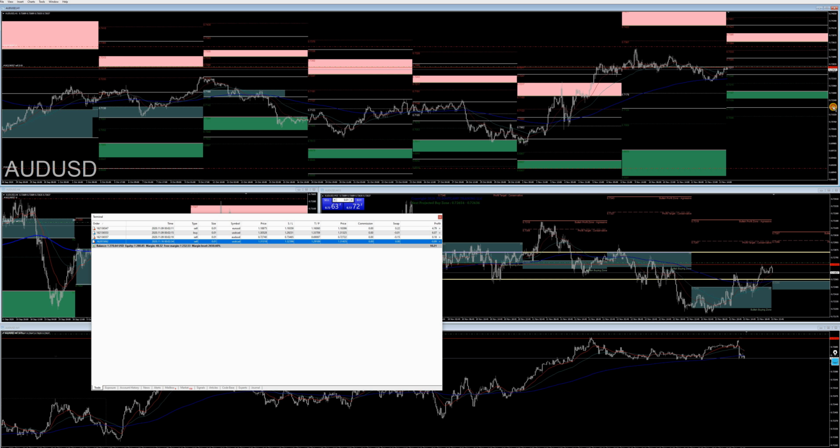So I'm going to go with, let's see, this one here is going to be the short 6557. And that one was entered. Okay, so that's going to be this line right here, this green line. And what I want to do with it is bring it all the way down. This is my take profit to here.